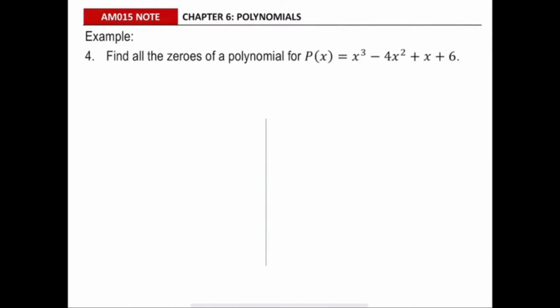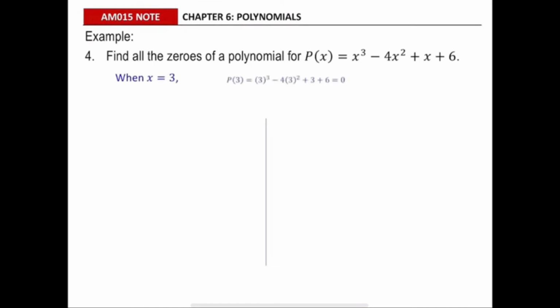Question 4 is, find all the zeros of a polynomial P(x). This example is the same as the previous example. We have to find one of the zeros by trial and error first. So, 3 is one of the zeros.